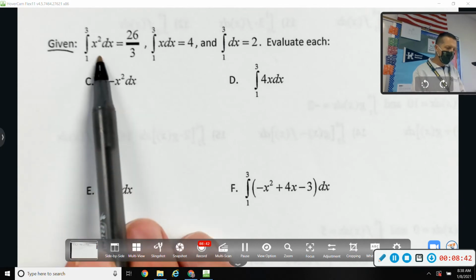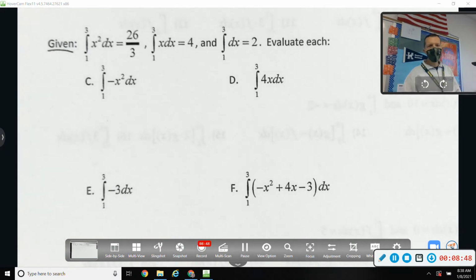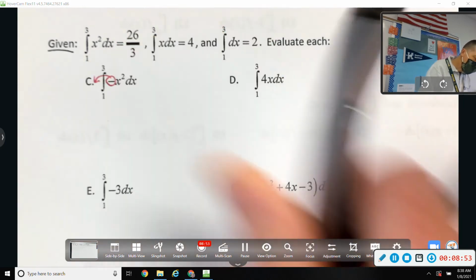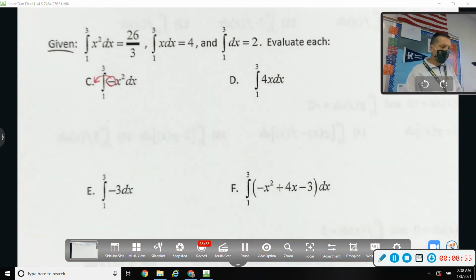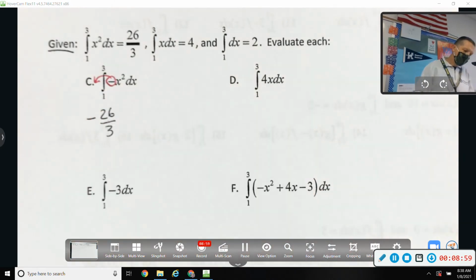Well, that looks a lot like this one. What's the answer going to be? Negative 26 over 3. Because I can pull the negative out front, and then what's left is 26 over 3.